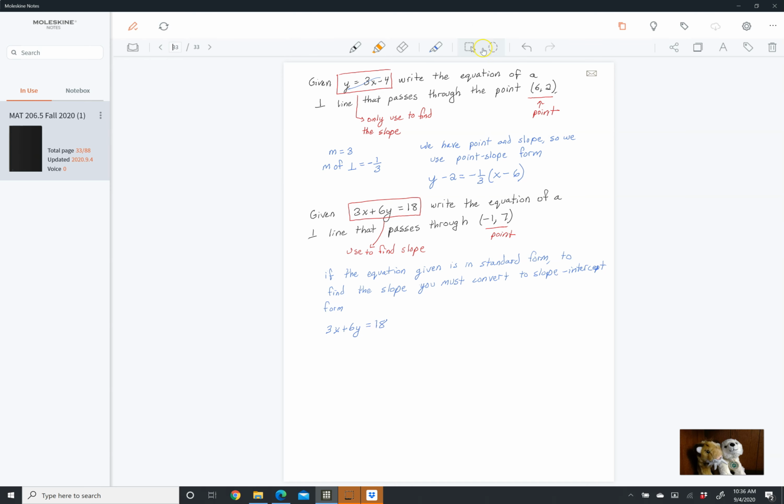Okay. Remember that to convert to slope-intercept form, we solve for y. So we have to subtract 3x from both sides. Okay. That's going to give us 6y is equal to negative 3x plus 18. And then we have to divide everything by 6.